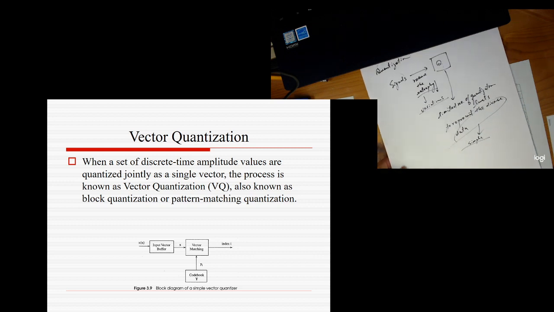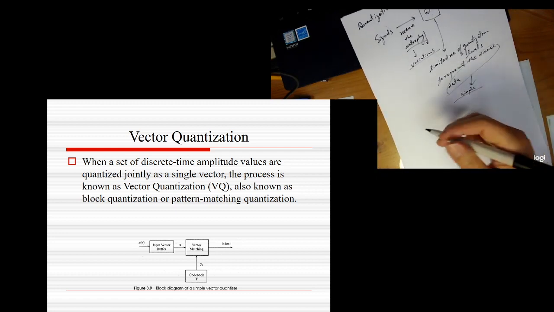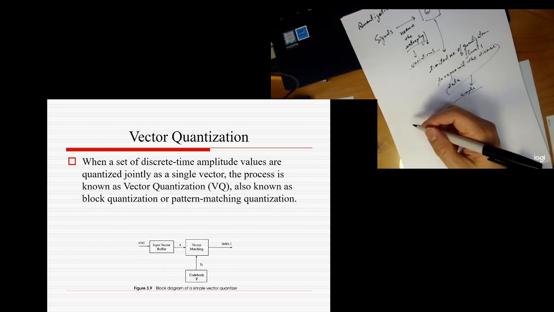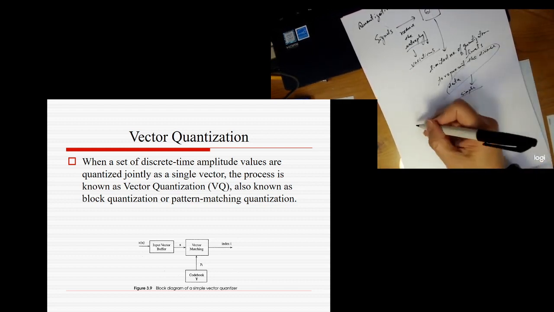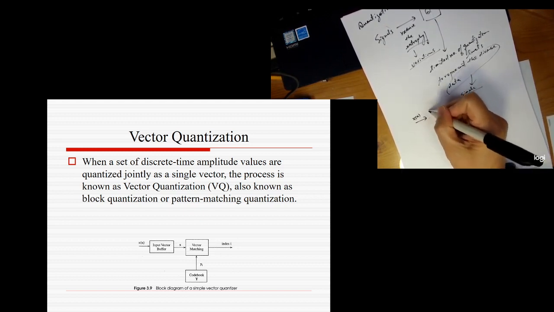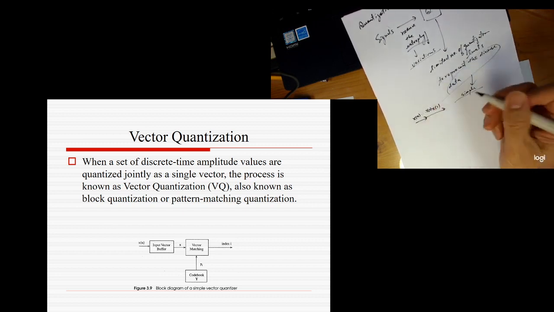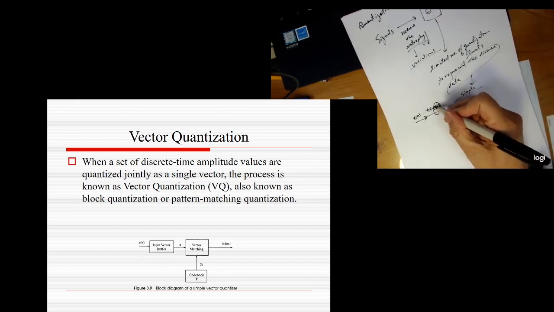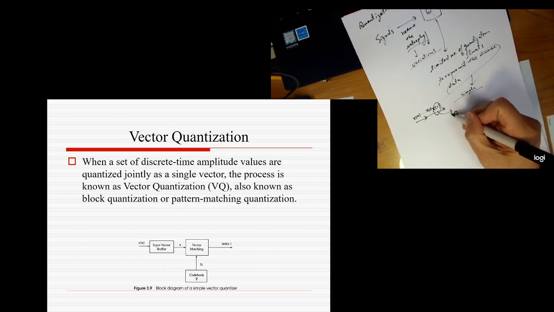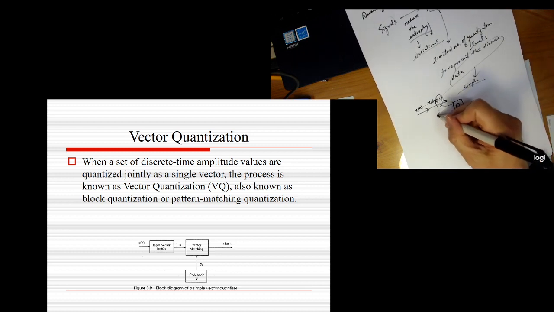So another way we're talking about is vector quantization compared to scalar quantization. Scalar quantization is one component at a time, maybe S1, S2. For each component we do the quantization, so we call this scalar quantization.